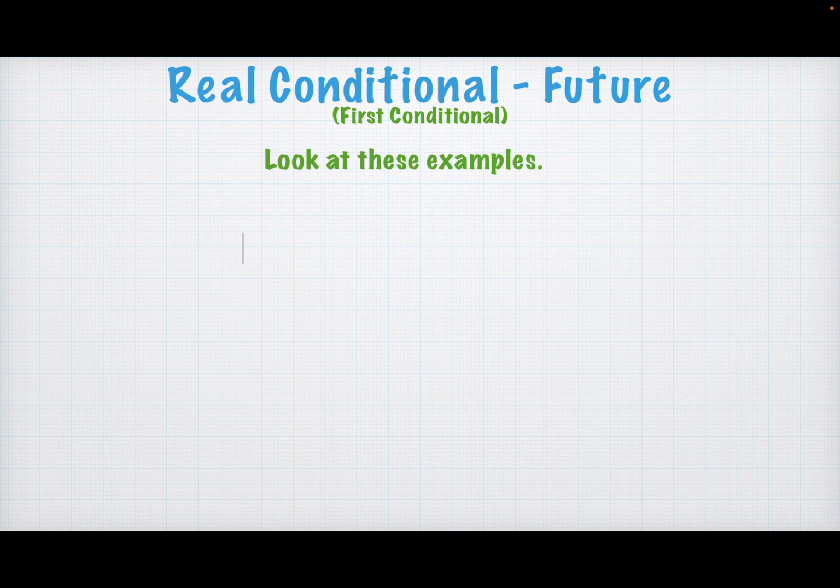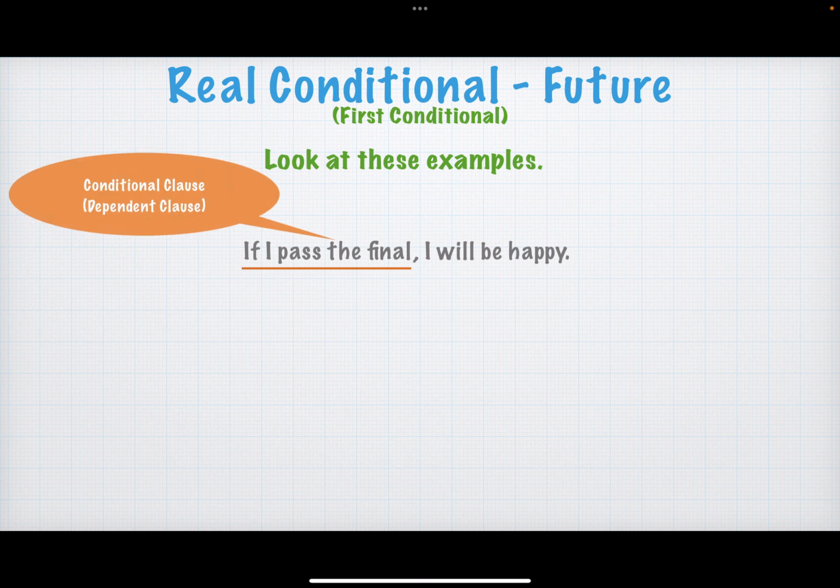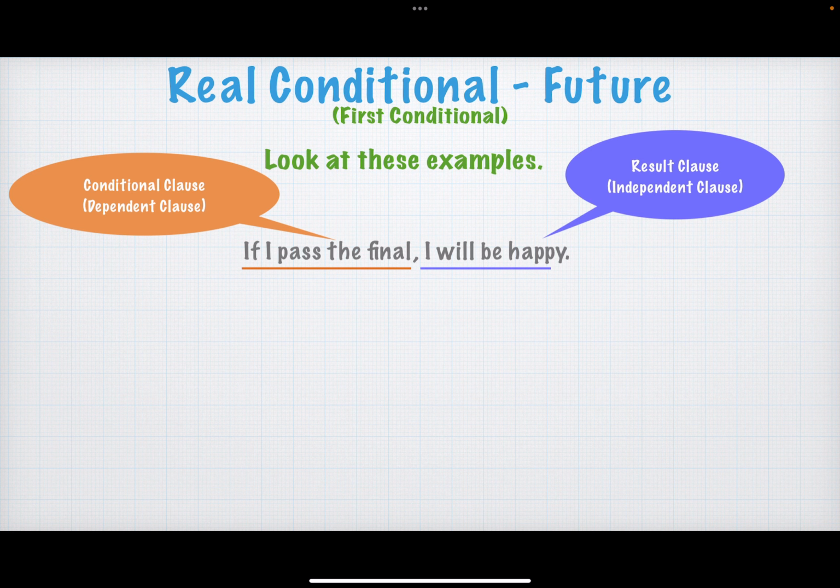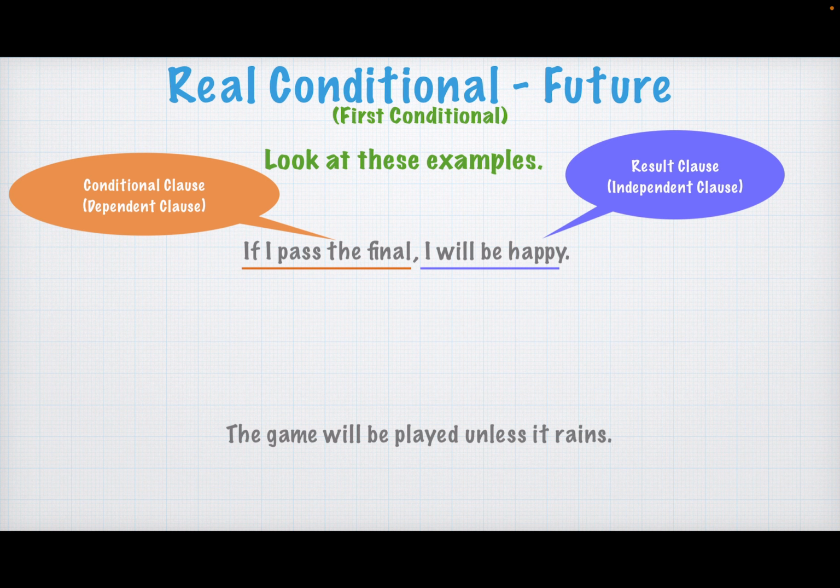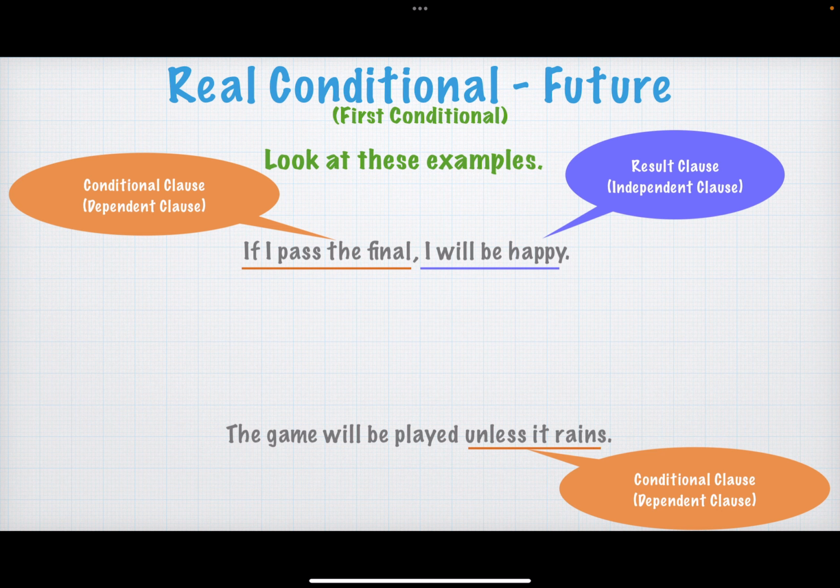Let's look at these examples. If I pass the final, I will be happy. This is my conditional clause or my dependent clause. Here's my result clause or my independent clause. Another example, the game will be played unless it rains. So here I'm using the connecting word unless, also a conditional connector. This is my conditional clause or my dependent clause.